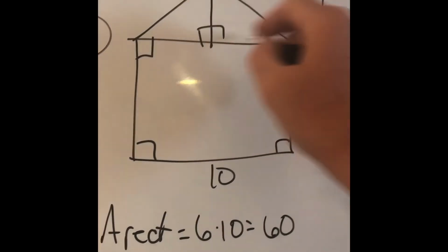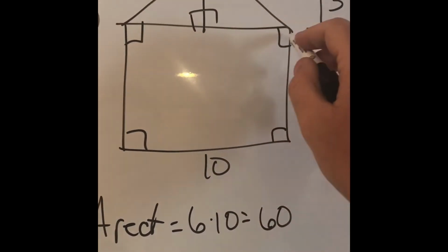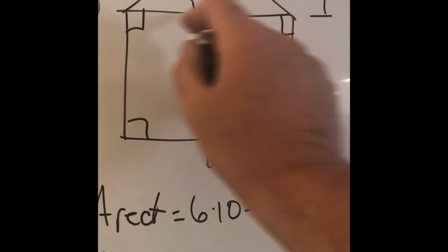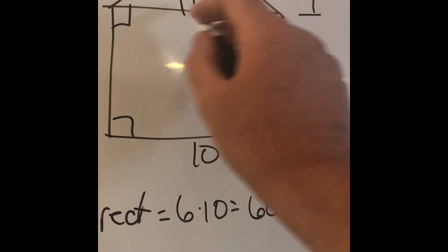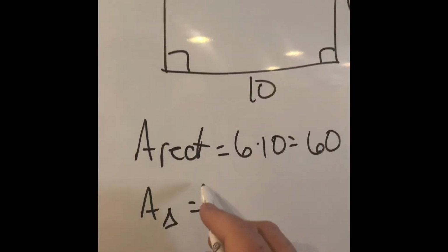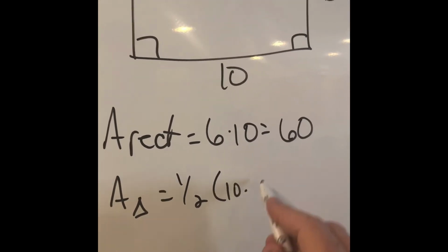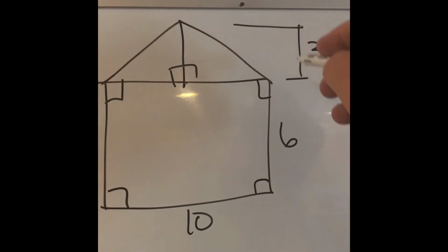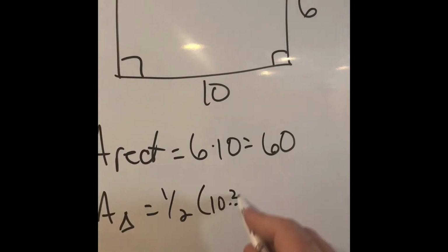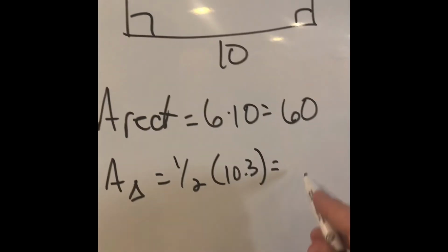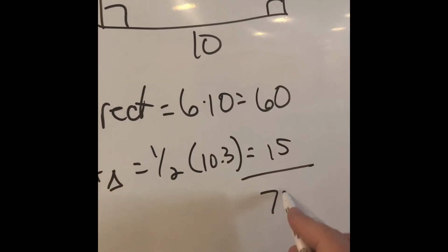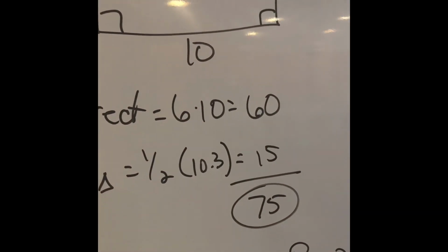Now the area of the triangle here, my base is still 10 because it was the same as the base up here for the rectangle. So that's going to be 1/2 of 10 times the height of the triangle, which, if you'll notice, is 3. Half of 30 would be 15, which means my area then is 75.